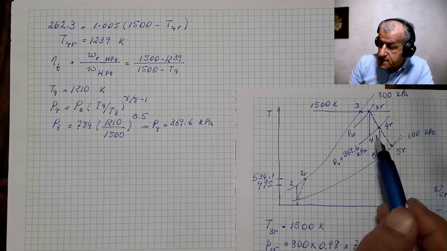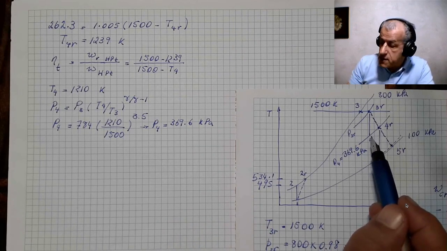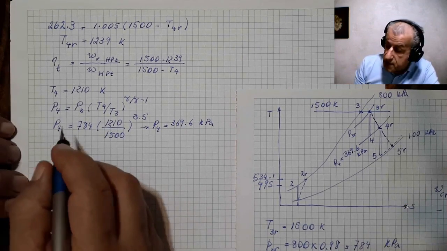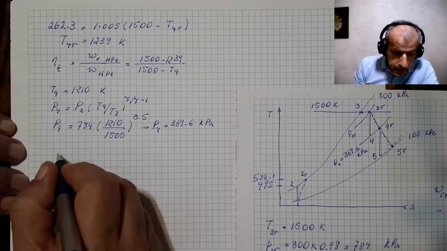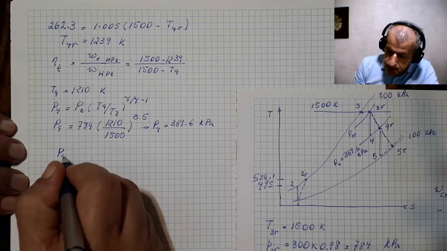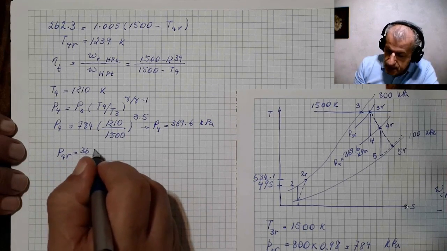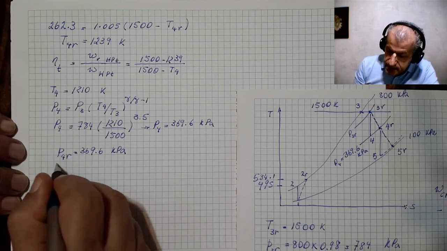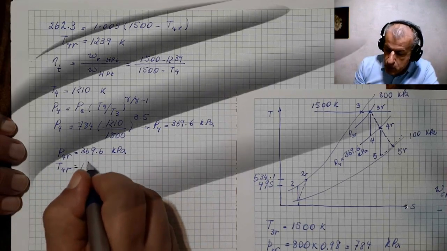This is an ideal point, and we just needed to calculate the intermediate pressure. But we now have all values for 4R, and we know that P4R equals 369.6 kilopascals, and T4R equals 1239 kelvins.